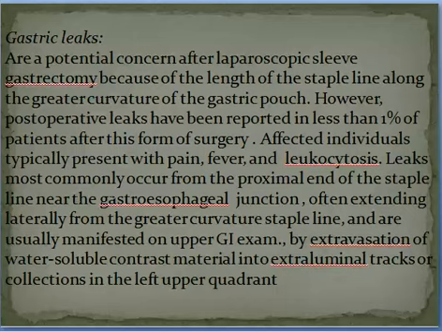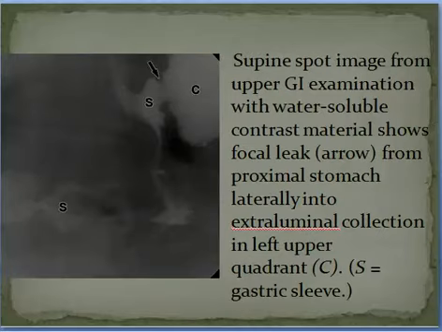Leaks most commonly occur from the proximal end of the staple line, where the trauma of food is always experienced, and sometimes you will find extravasation into the left upper quadrant.